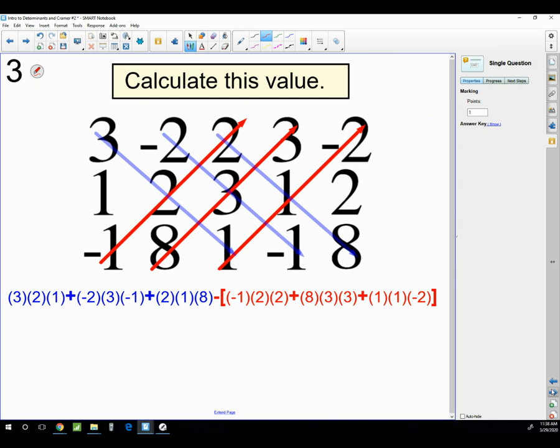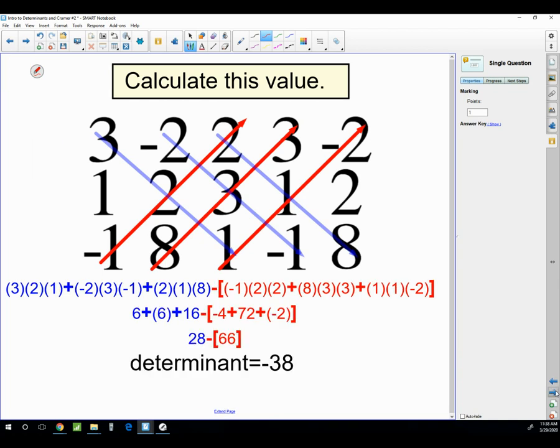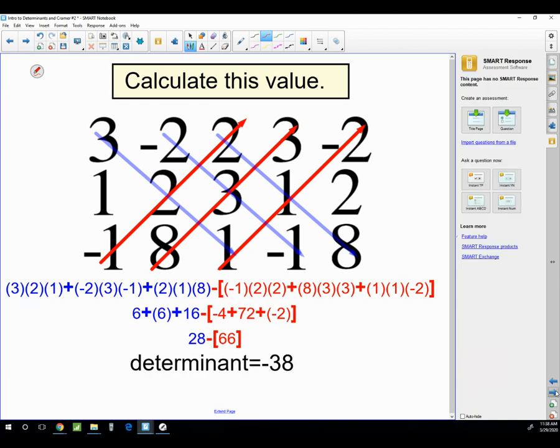Keep in mind when we're at Socrative that number right there matters. If I refer to problem number 3, I'm talking about this one. And so hopefully you've already come up with that it's negative 38. You can do it in pieces or just type the whole thing into your calculator. It doesn't matter to me. I like to do the blue pieces and then the red pieces and get them down to blue, red, and subtract.